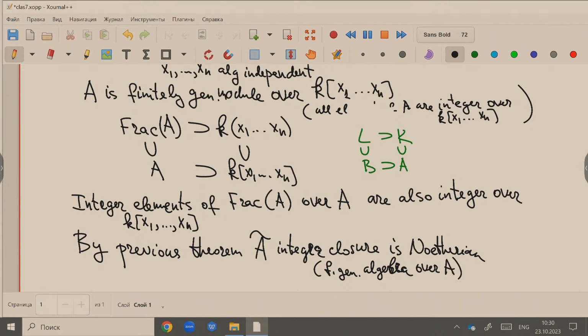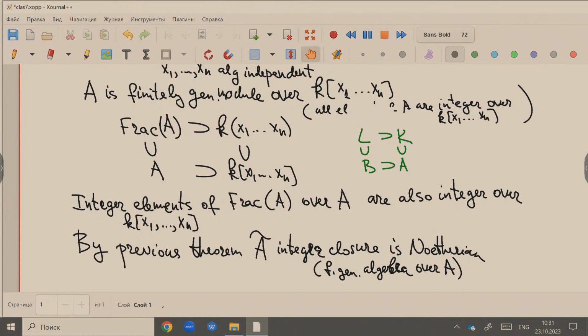So this proves this property in the geometric world, that if one starts with an affine variety, the normalization is also an affine variety. We know this simply by this theorem, which is completely non-trivial from my point of view. And also, of course, in the geometric case you have to consider separately the non-separable extensions.